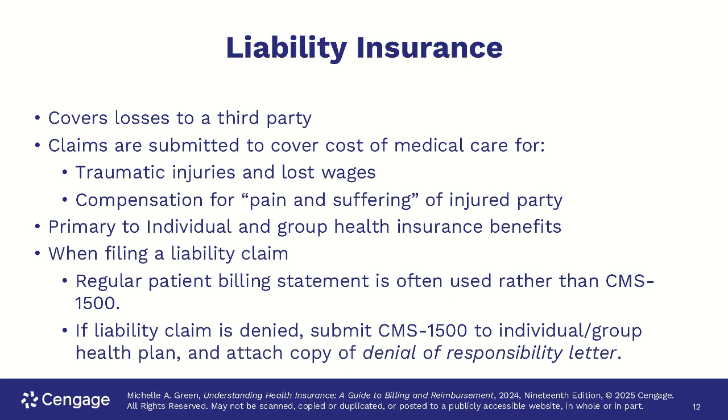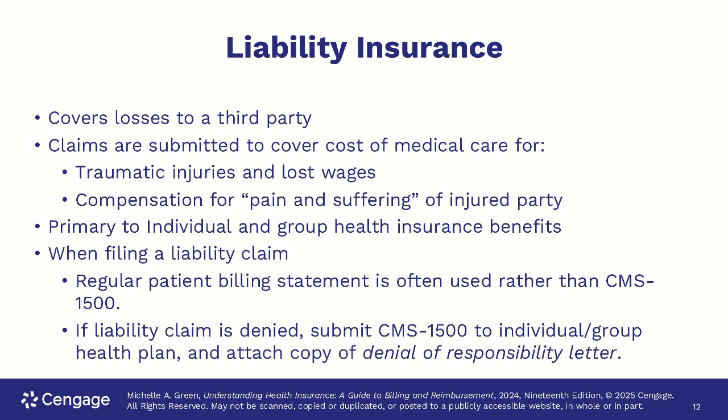All right, liability insurance. Processing of a liability claim is actually not covered in this chapter. But basically, liability insurance is a policy that covers losses to a third party caused by the insured, by an object owned by the insured, or on the premises owned by the insured.